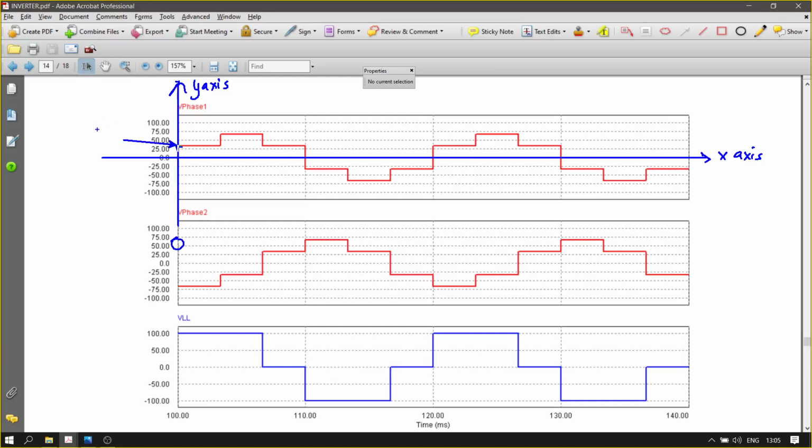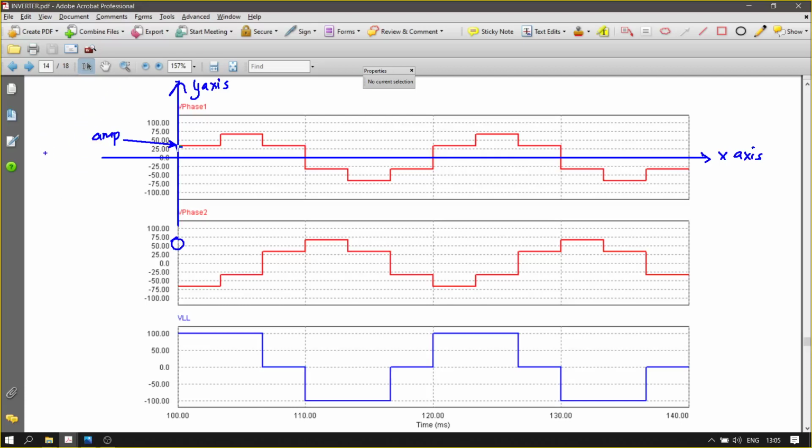Now you have to identify what this amplitude is. I think from the notes, go back to the previous video. What will be the amplitude for this? It's no longer like the 120 degree conduction inverter.